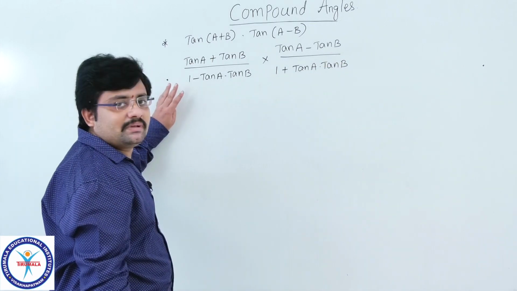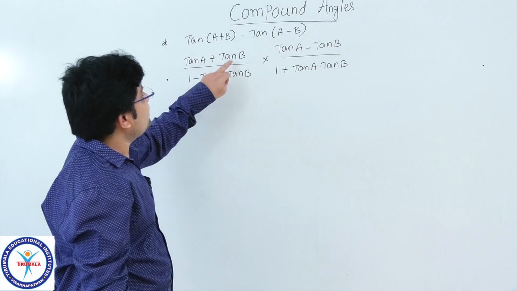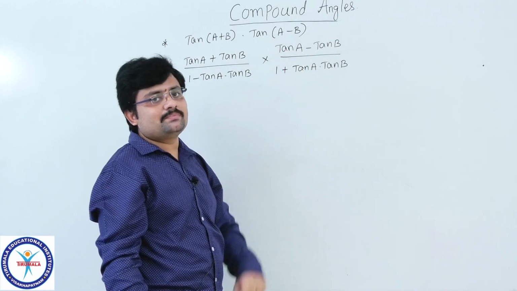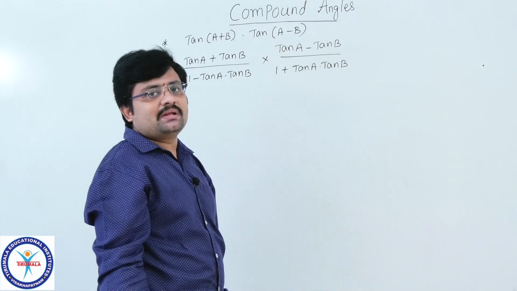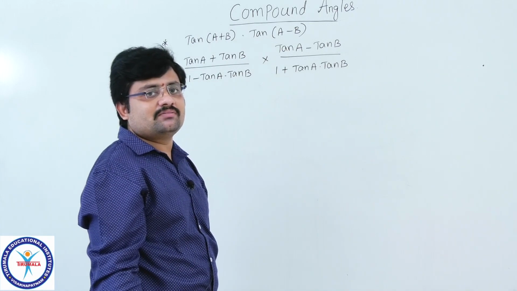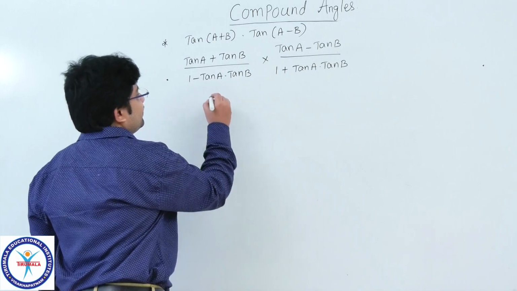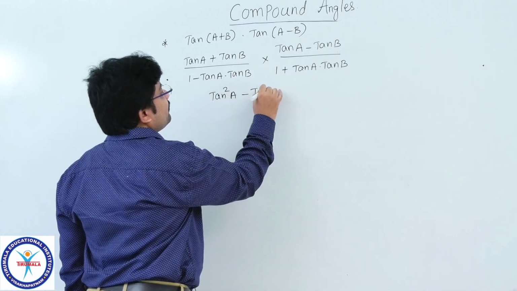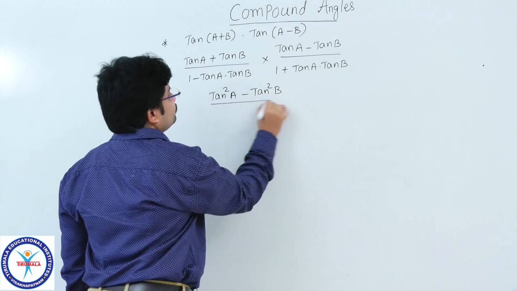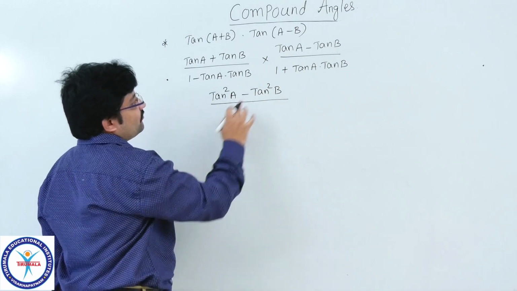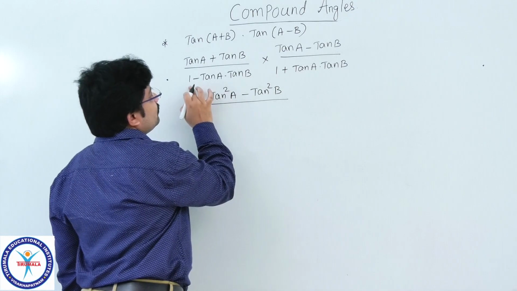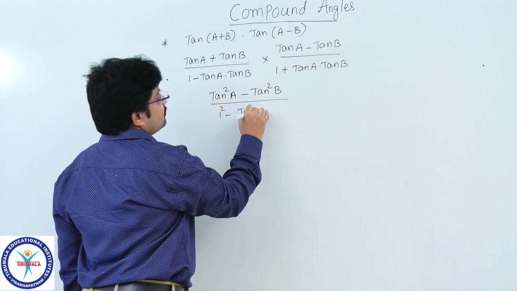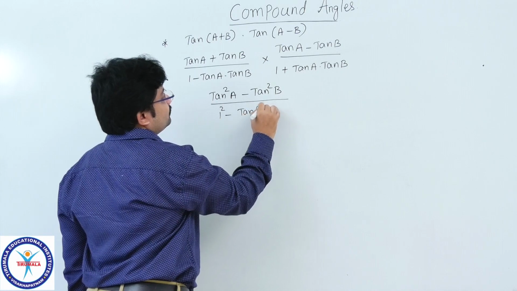Now they are under multiplication. Tan A plus tan B into tan A minus tan B. It is in the form of (a+b) into (a-b). (a+b) into (a-b) is a square minus b square. Then it becomes tan square A minus tan square B, by denominator also it is the form of (a+b) into (a-b), a square minus b square.